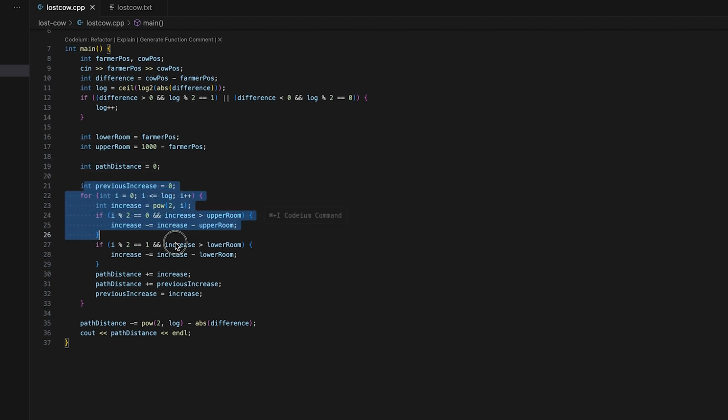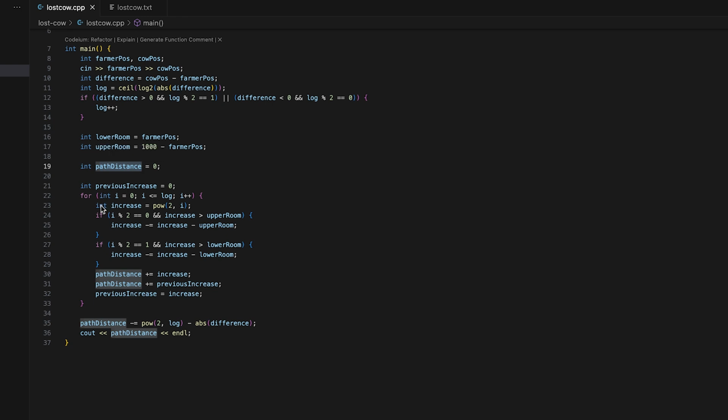Now this is the most interesting part, right? This is a loop that iterates however many times our log is. And what we need to do is, every time it goes through, we add to the path distance 2^n plus 2^(n-1). So I think I found a kind of clever way of doing this.